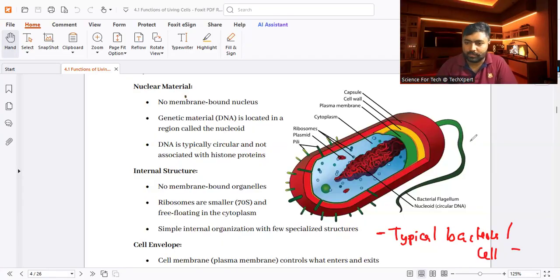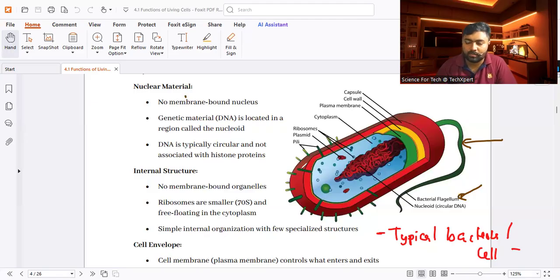Then here, this is just like a tail, no? It's the green colored part. This is known as the bacterial flagellum.